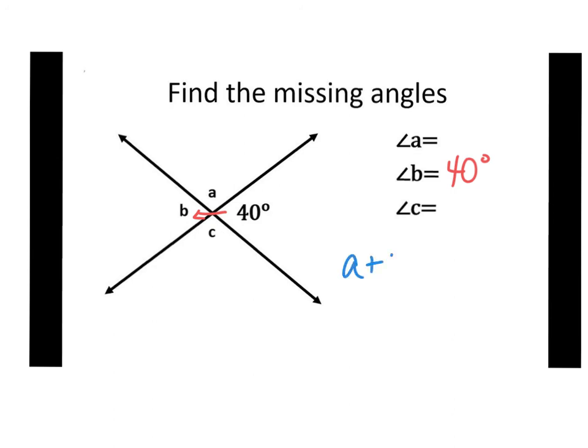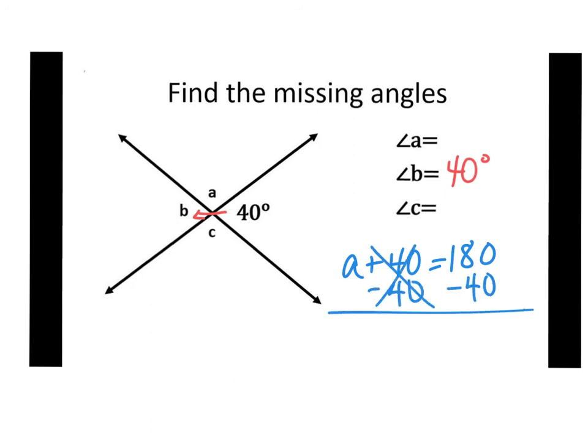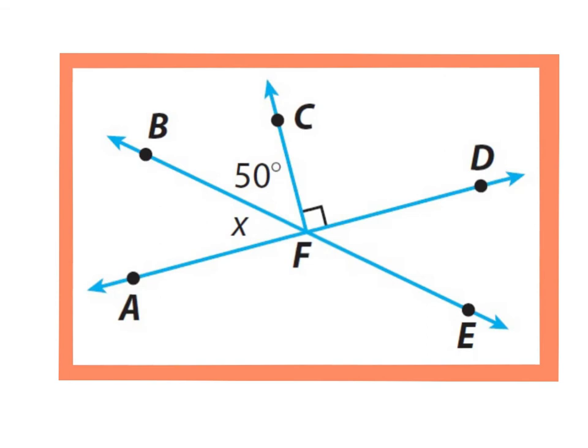So A plus 40 equals 180 degrees. I can solve to figure out the measure of A equals 140 degrees. Then using the vertical angle theorem, I know that if A is 140 degrees, C is opposite A, so that will also be 140 degrees.